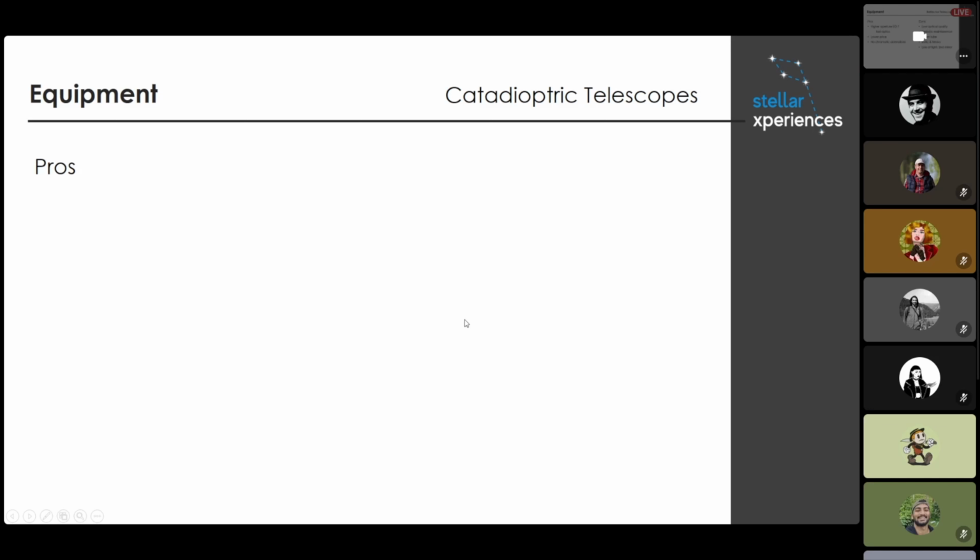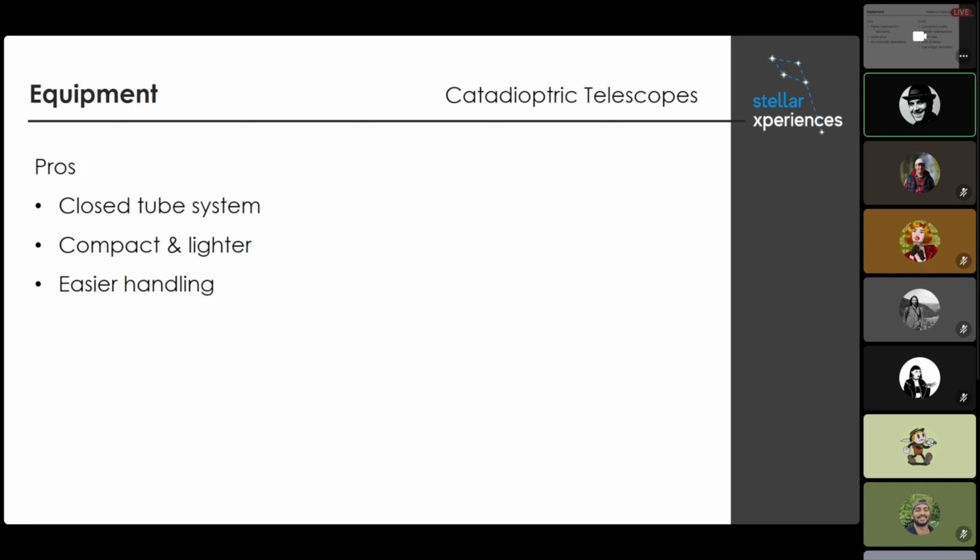They are also closed tube systems, so no dust or humidity or spiders will go inside. And they are compact and very light compared to refractor telescopes. As they're compact and lighter, they're easy to handle, easy to carry, and they don't need much maintenance.